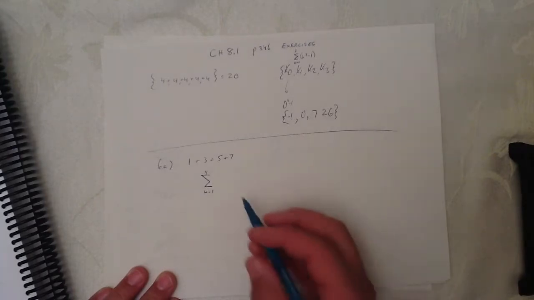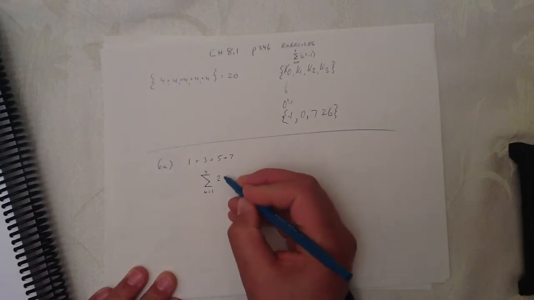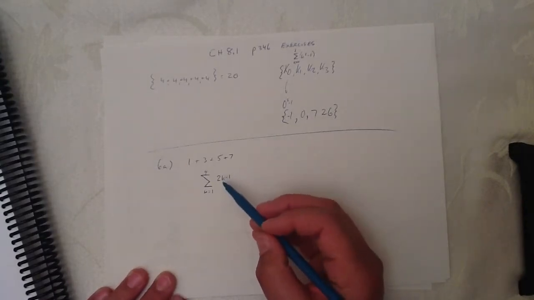And what is the formula here? It looks like it's 2k minus 1. And how did I get that? I got that off the top of my head, actually.